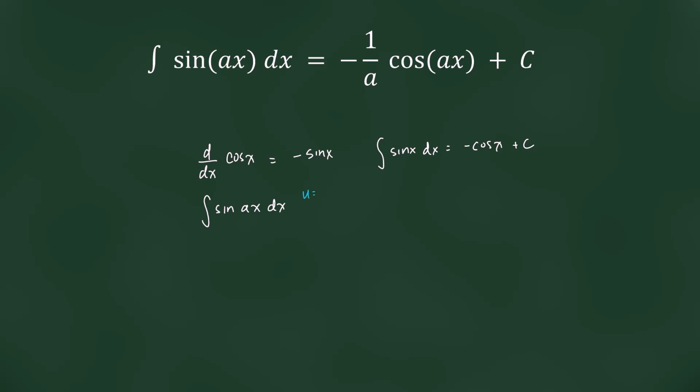We'll let u be ax. That's going to make 1 over a times du equal to dx. We end up with 1 over a times the antiderivative of sine of u du, which is 1 over a times the negative cosine of ax plus our constant c.